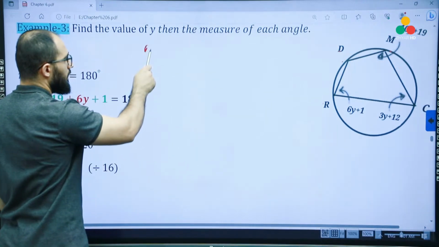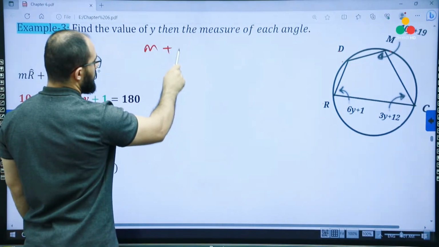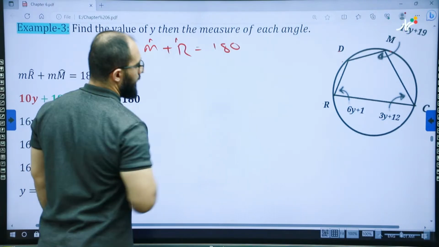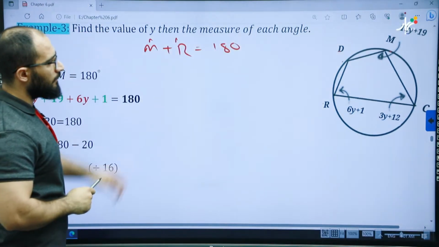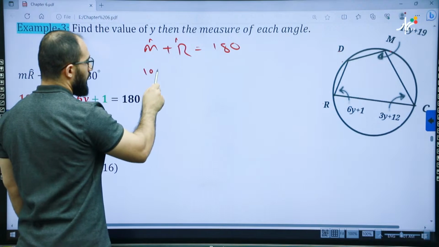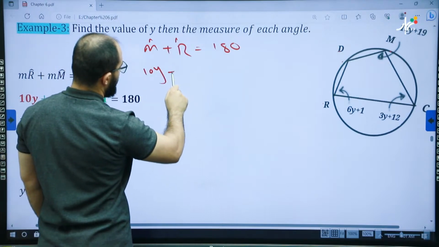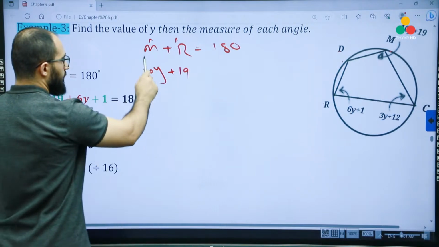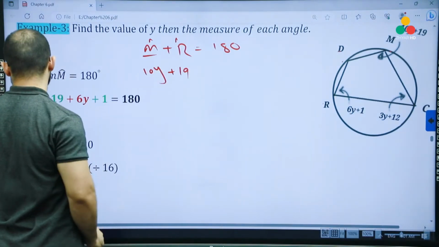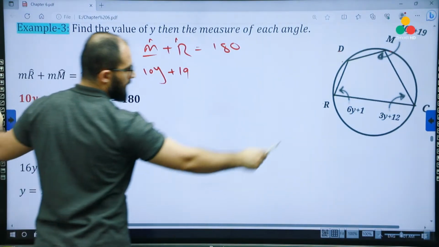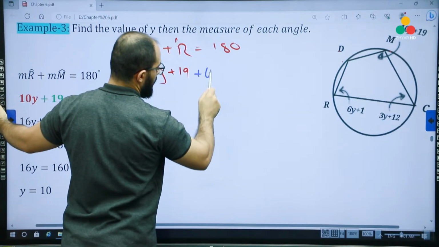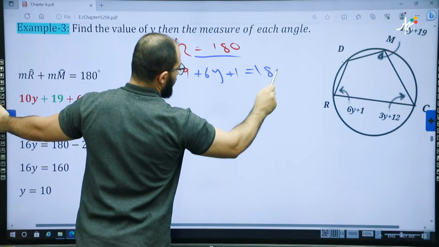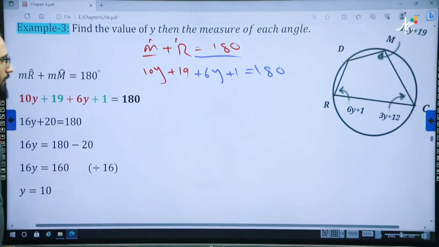So the measure of M plus the measure of R is equal to 180. The measure of M is 10y plus 19. Then plus R, 6y plus 1, is equal to 180.